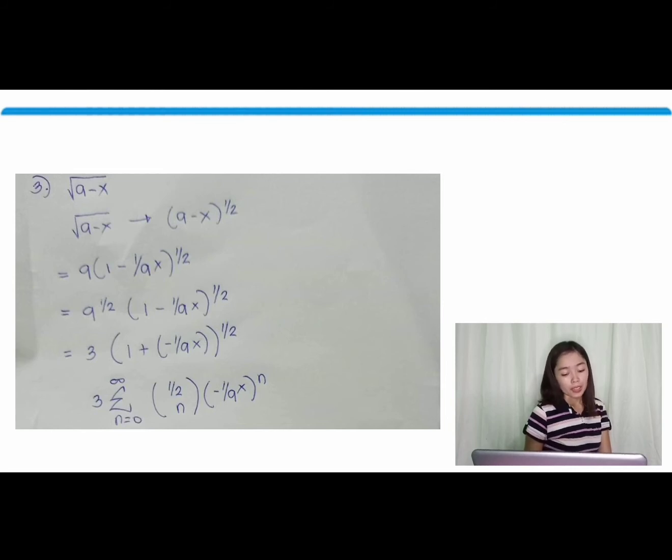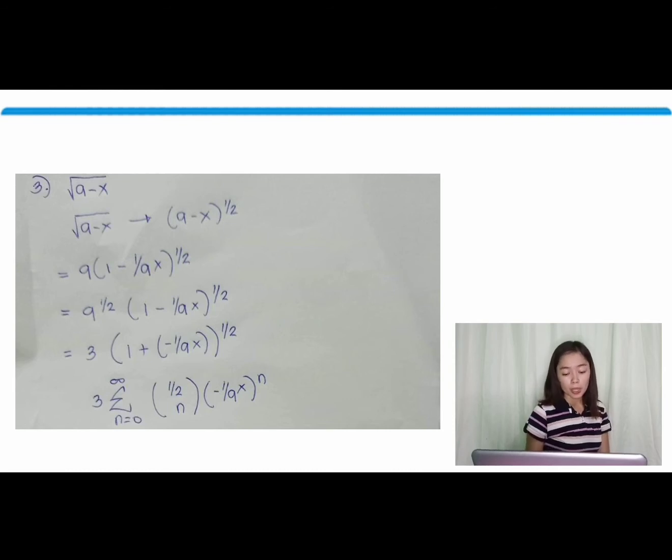So we have (9 (1 - 1/9 x))^(1/2). Now, 9^(1/2) times (1 - 1/9 x)^(1/2). We have 9^(1/2), which is 3, and (1 + (-1/9 x))^(1/2). Now, it is already in the proper form.